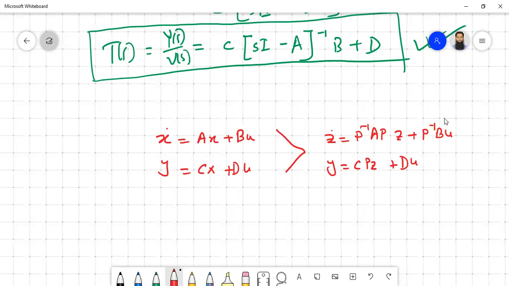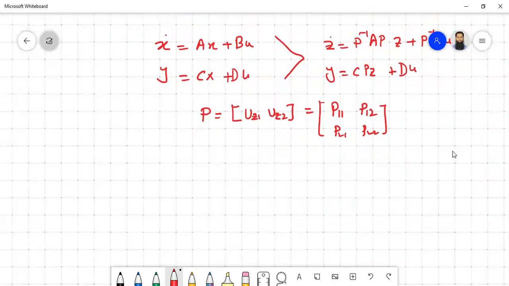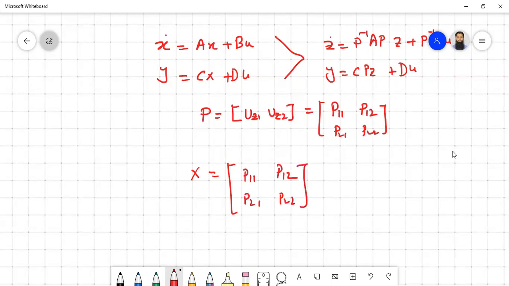Also, whatever we have figured out is that P is nothing but the coordinates of Z1 and Z2, which is P11, P12, P21, P22. And finally, what we have seen is that X equals that P matrix, P11, P12, P21, P22, with your Z1, Z2.